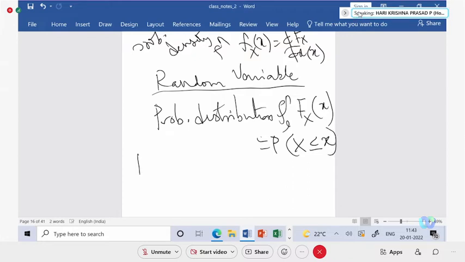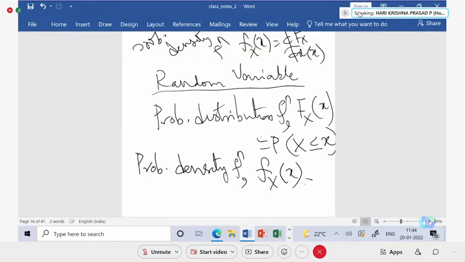Then later we said probability density function. By notation it is lowercase f, and the subscript is the random variable X. How did we define this? It is the derivative of the distribution function.